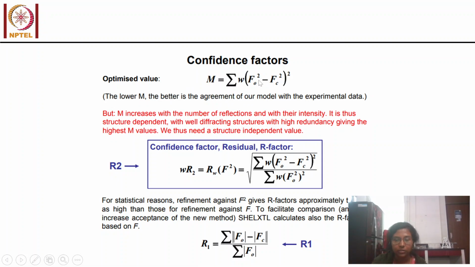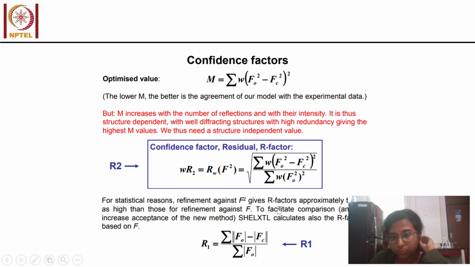And with the statistical model and our experimental model, the difference there is called the WR2. The formulas of WR2 and R1 are different. So you can see this is the formula of WR2, this is the formula of R1. So these are two different things.